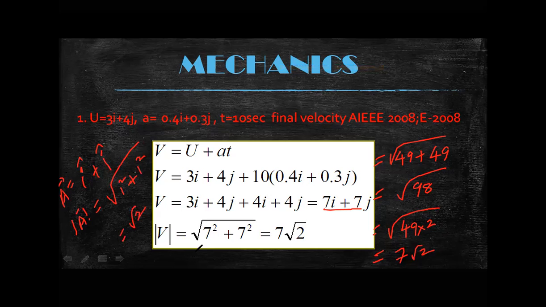Because the i component coefficient is 1, and the j component is also 1. If I give 2i plus j, that becomes 2 square, which is 4, plus 1, which is root 5. Okay, 2i plus j, so 4 plus 1, root 5. Is it clear?